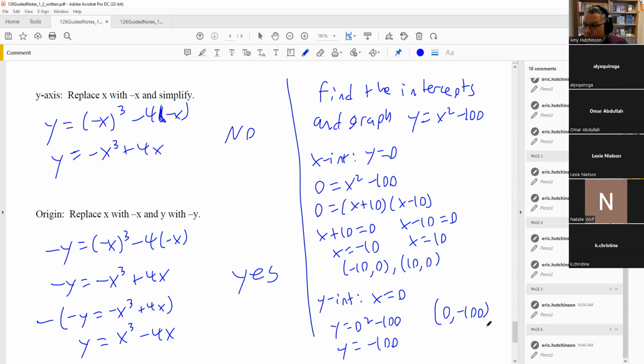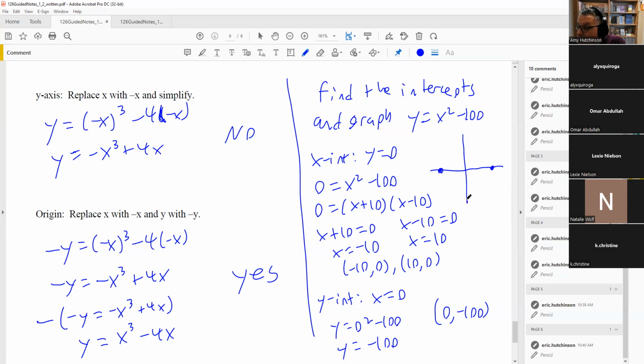When you do these problems in My Open Math, you always want to start on paper first and plot all these points. I have the x-intercepts here: this is the negative 10, 0, and this is the 10, 0.